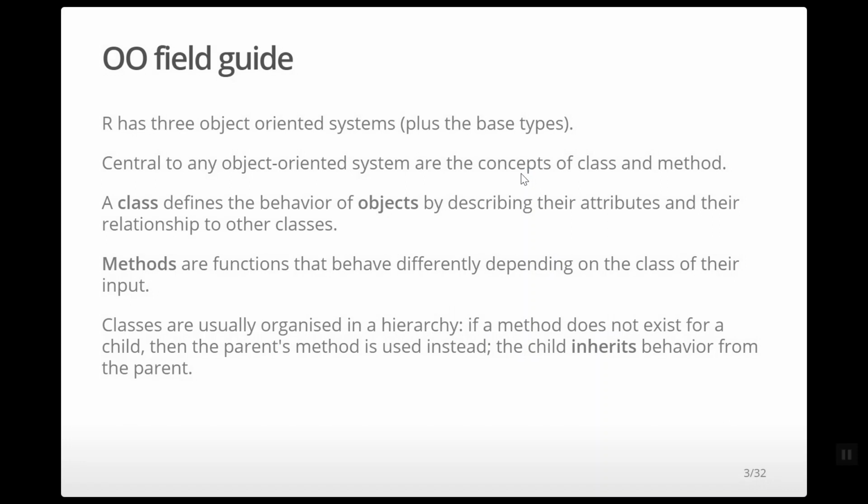These are basically the verbs, and they behave differently depending on the class of their input. Right. So you might have the stick class, and then a subclass of the stick class would be the bat class. And then another subclass would be the golf club class or something. And so the method swing behaves differently based on the class.